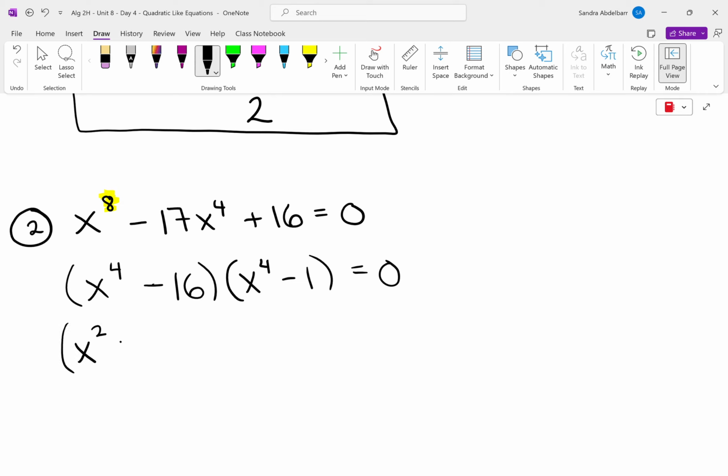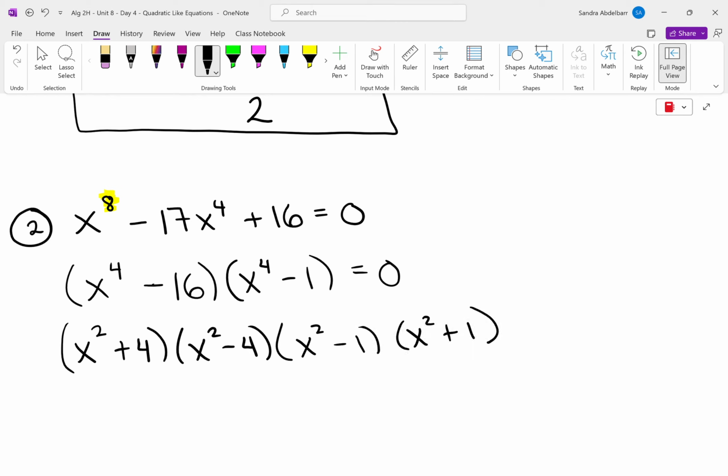So I'm going to have x squared plus 4, x squared minus 4, and then I'm going to have x squared minus 1, x squared plus 1. Anything else left to factor?